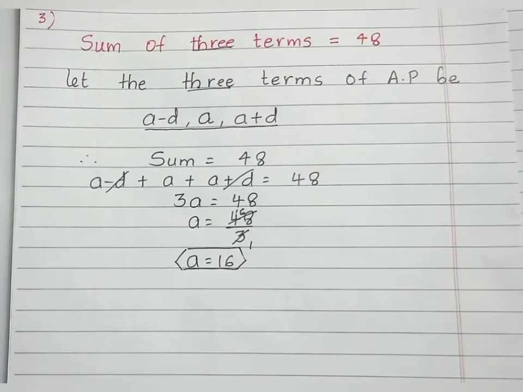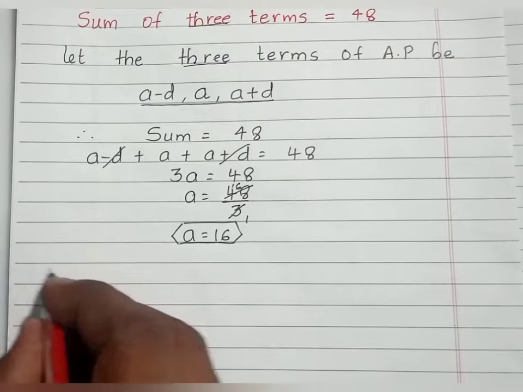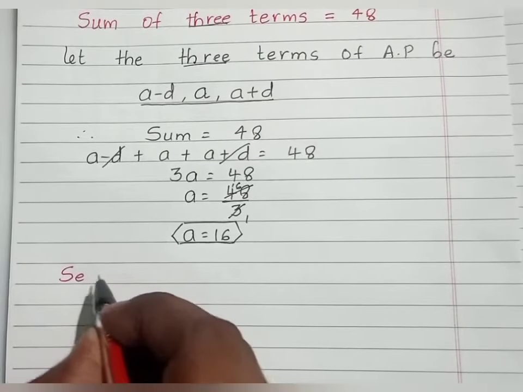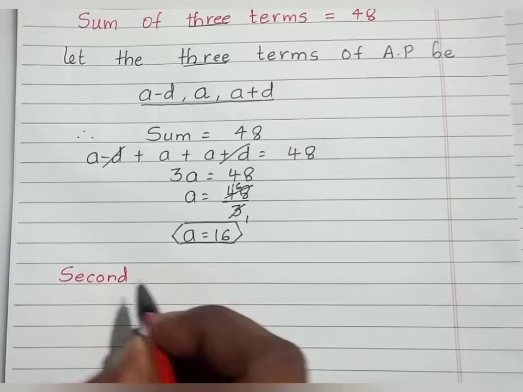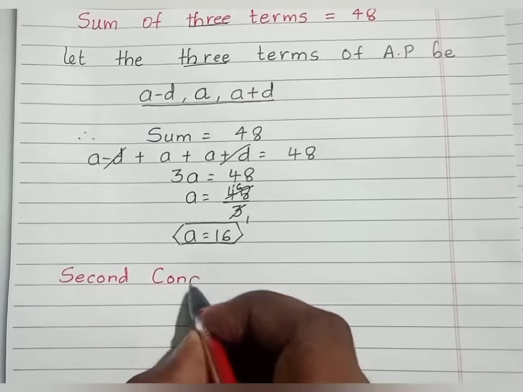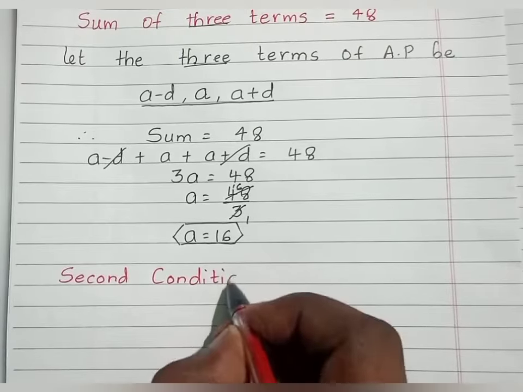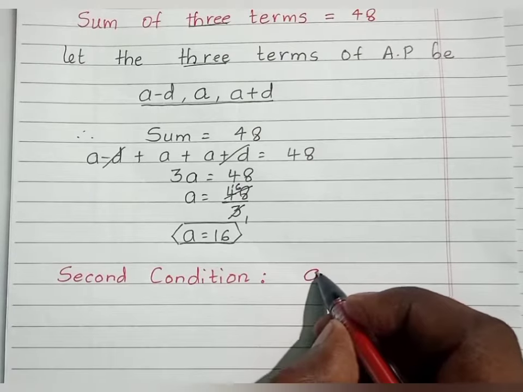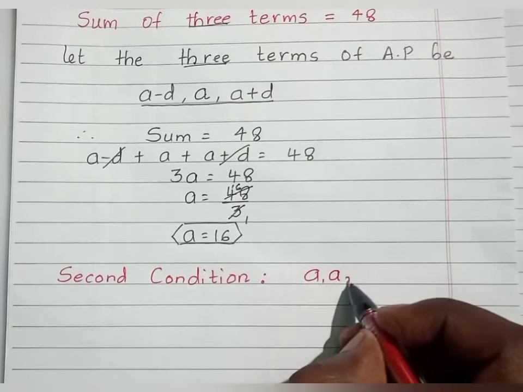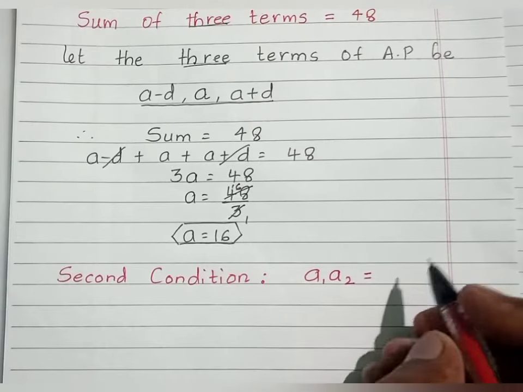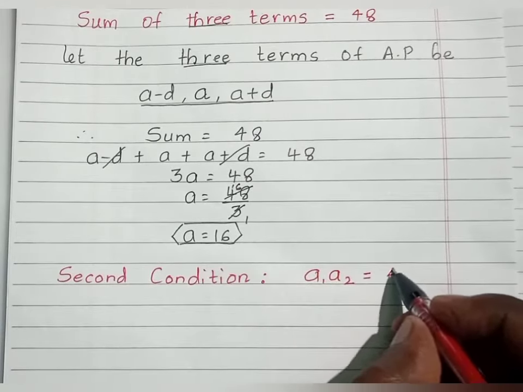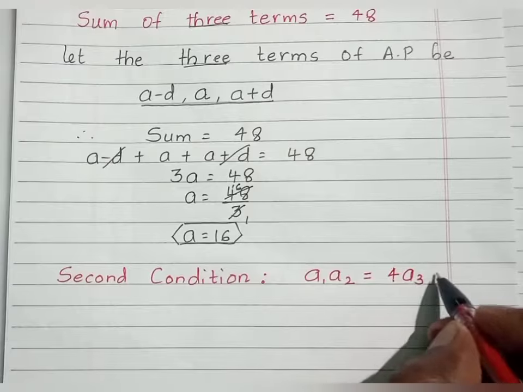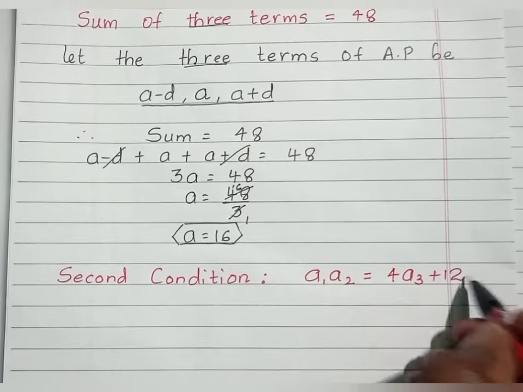Now one more condition, the second condition they have given: product of first and second term is equal to 4 times the third term exceeded by 12.